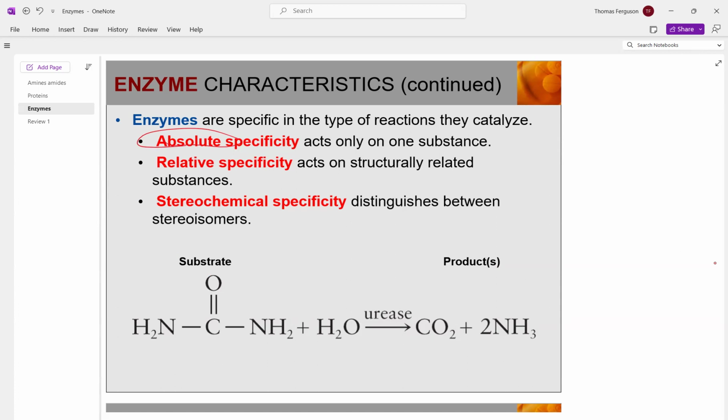For example, amylase is an example of relative specificity because it works on carbs in general. Not any specific carb, but just in general. And then they have stereochemical specificity, and that's the difference between a D and an L, for example. So these enzymes are really wonderful molecules. There's a lot of magic in an enzyme.